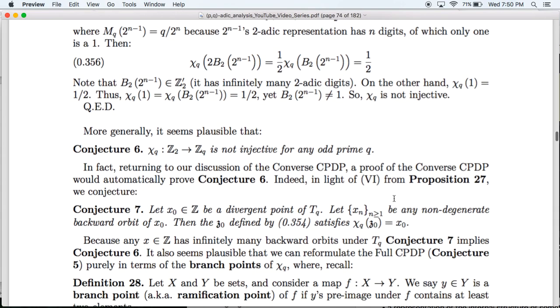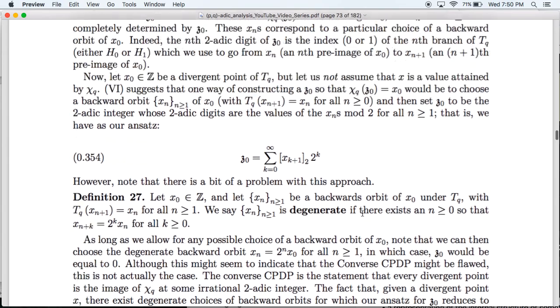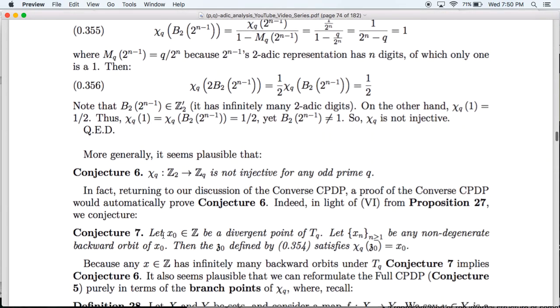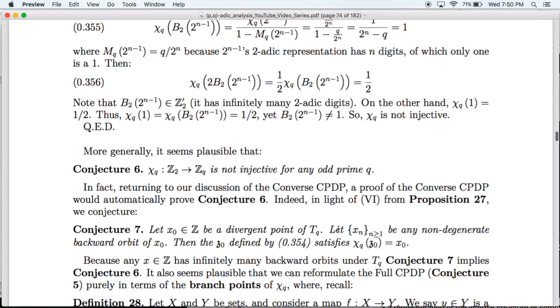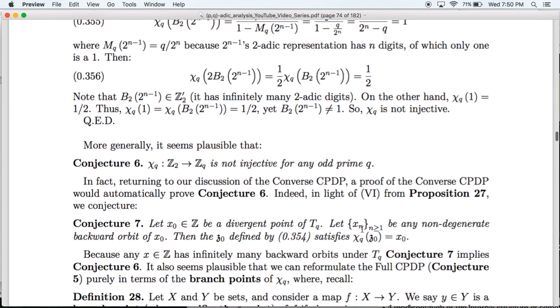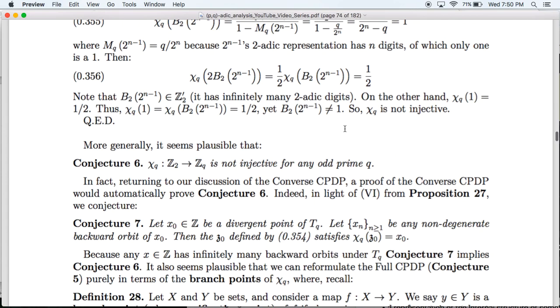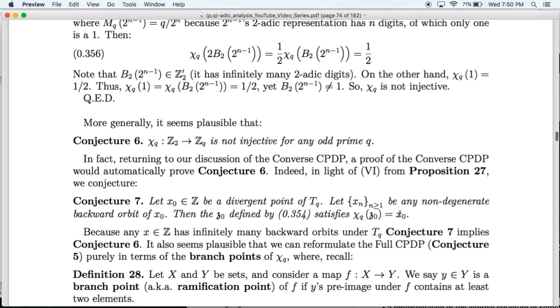Indeed, the reason for this is because from this 6 over here, that weird one, we guessed that if x0 is a divergent point of T and xn is any non-degenerate backward orbit, then the z0 defined by this guess satisfies chi q of z0 equals x0. That's my guess.